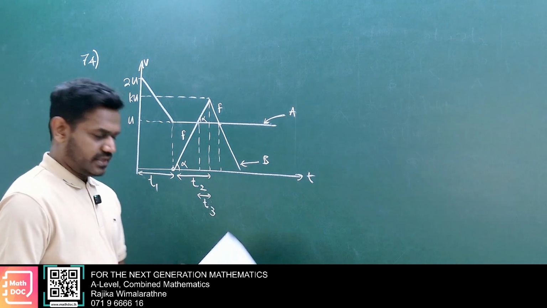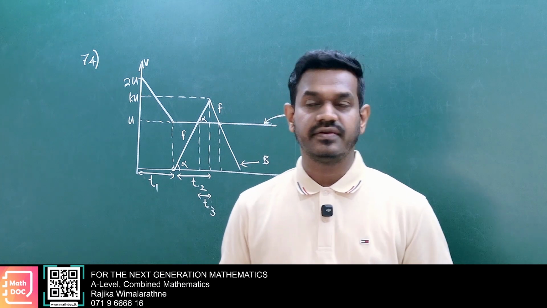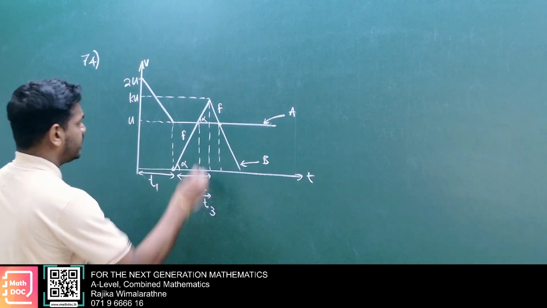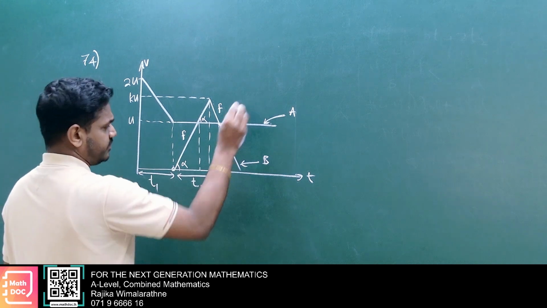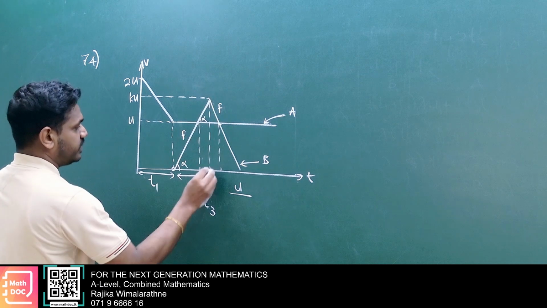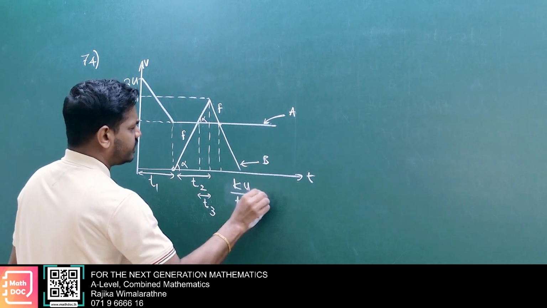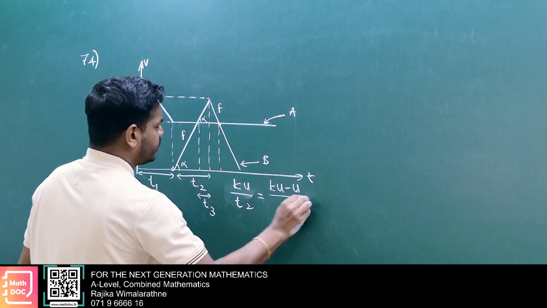In this section T1 is already there, T2 is already there, but we have to remove T3. So first find T3. Ku divided by T2 equals ku minus u divided by T3.